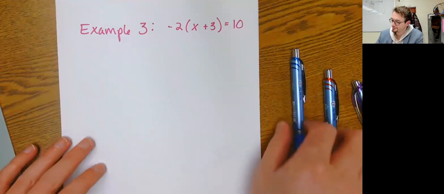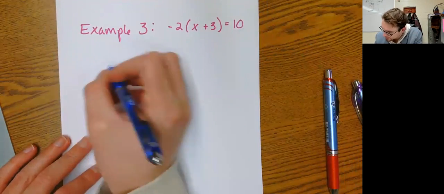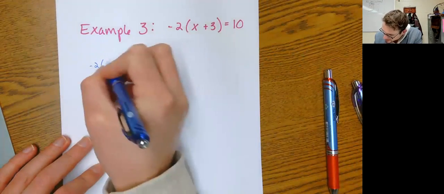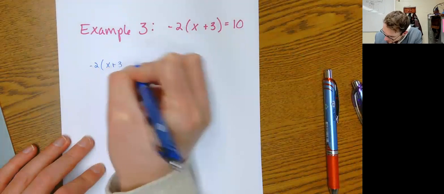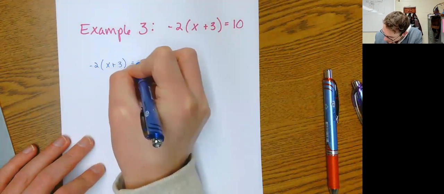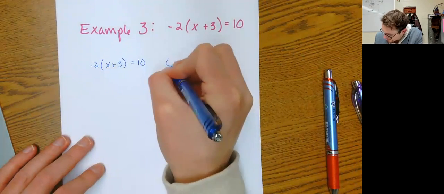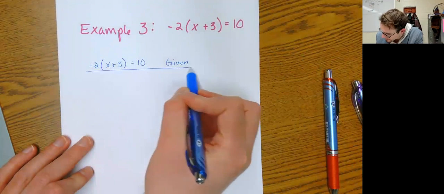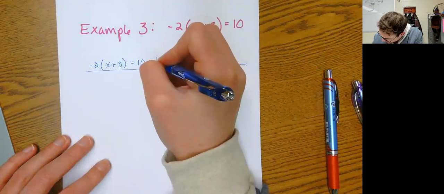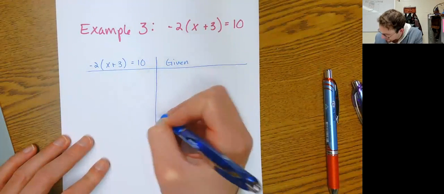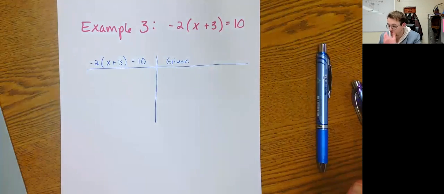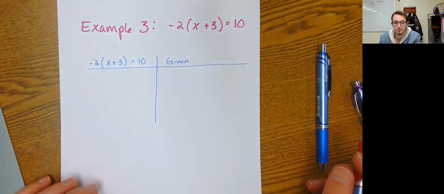Okay. We're going to start with our given equation, -2 times x plus 3 equals 10. That's given. All right. What is the first thing that we would do?